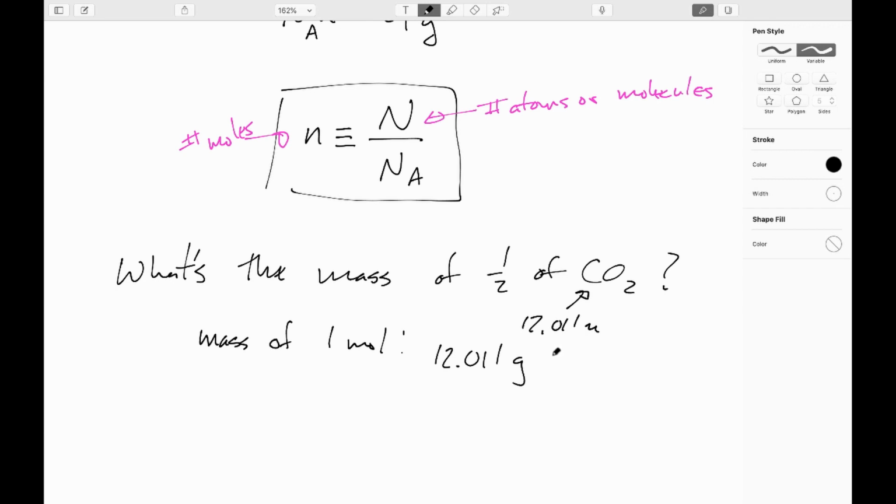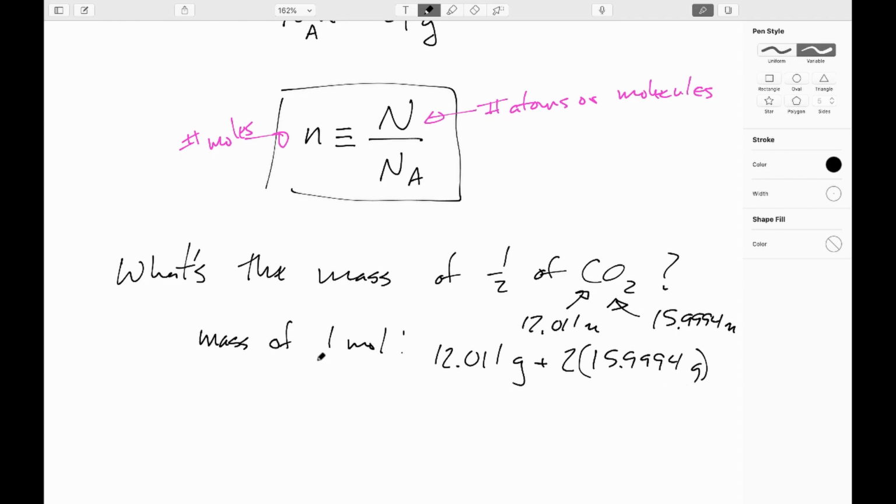And the atomic mass of oxygen is 15.9994 atomic mass units. So the mass of 1 mole of oxygen would be 15.9994 grams, except we've got 2 of them for every 1 carbon we have, so we have to multiply that by 2.